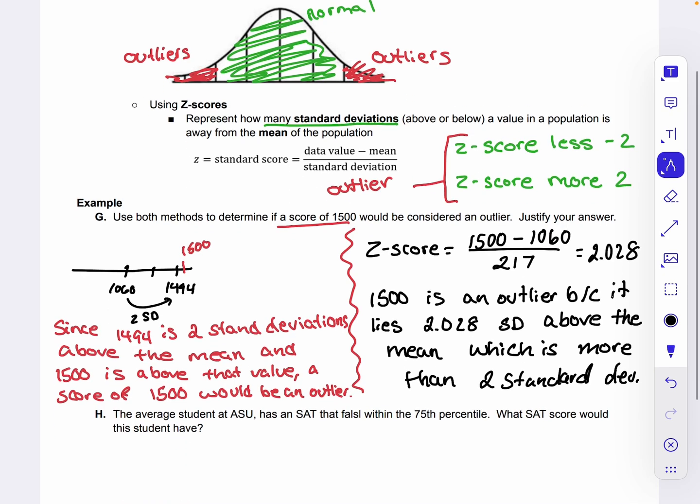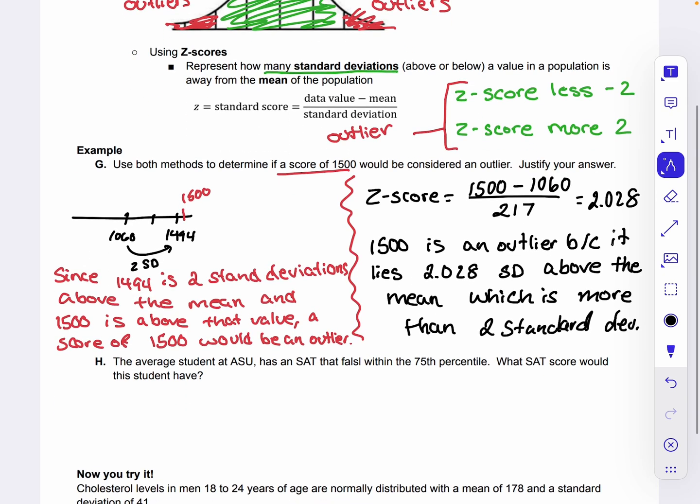The one last thing that we're going to be able to do with our normal curves is take a percentile and get it back to a data point value. We're working backwards from what we did. Let's say an average student at ASU has an SAT score that falls within the 75th percentile. Basically that means that 75% of the scores are below it. What SAT score would this student have?